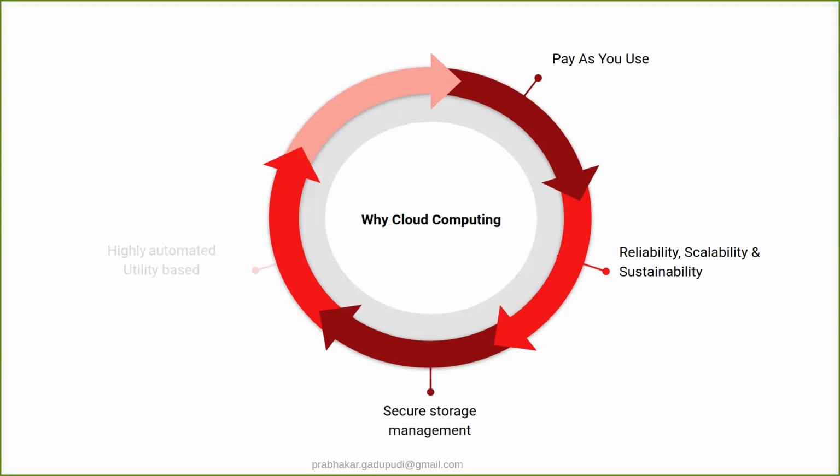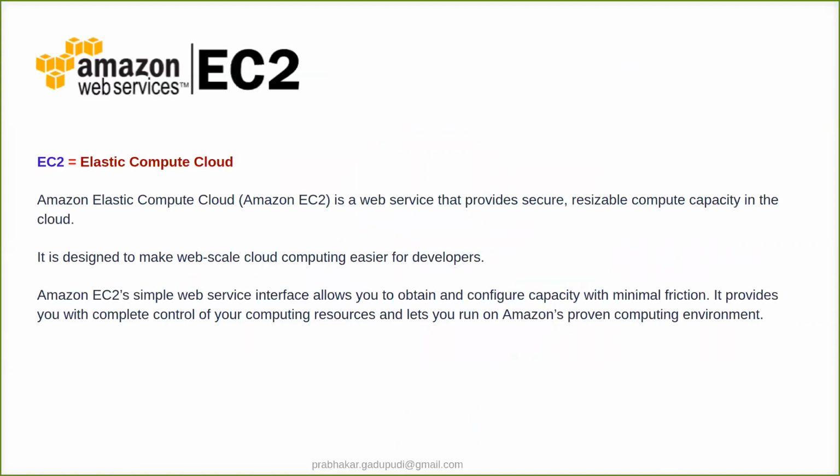Secure storage management, highly automated and utility based. A lot of inbuilt utilities we can find inside the instances, and we can also install more as per our requirement. Device and location independent: EC2 instances or Amazon Web Services can be accessed from your laptop, tablet, and mobile devices. And 24 by 7 support and availability is available.